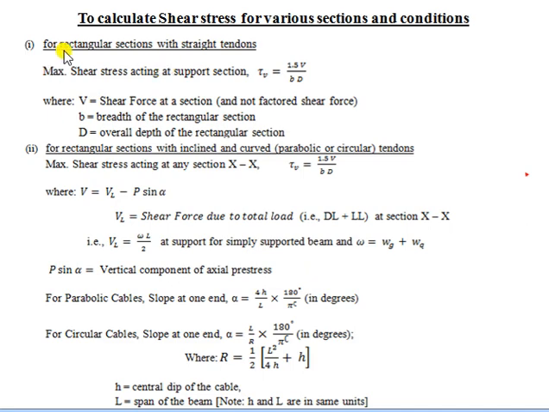So to calculate the maximum shear stress at the support section for a rectangular section with straight tendon, we have the formula tau V is equal to 1.5 V divided by BD. And remember here, D is not effective depth, it is capital D, which we should consider as the overall depth of the section.